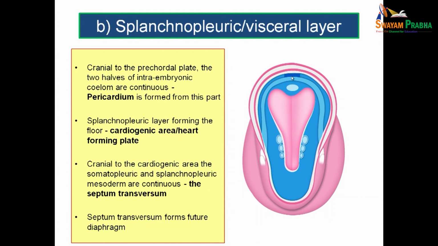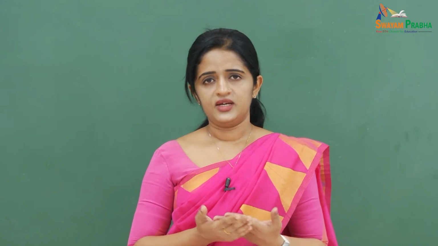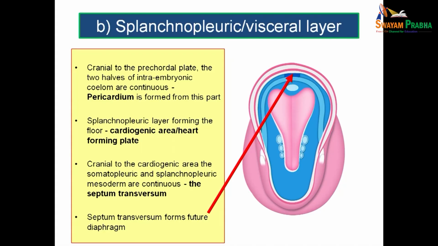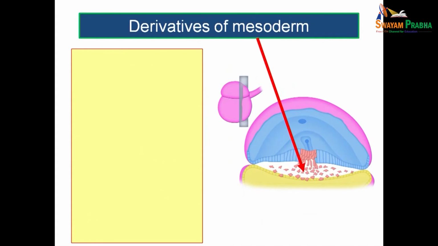So the septum transversum is a region in the cardiogenic area where the somatopleuric and splanchnopleuric mesoderm become continuous. And what is the fate of the septum transversum? It gives rise to a major contribution in the formation of the diaphragm. So this is a region where you get the formation of the septum transversum.